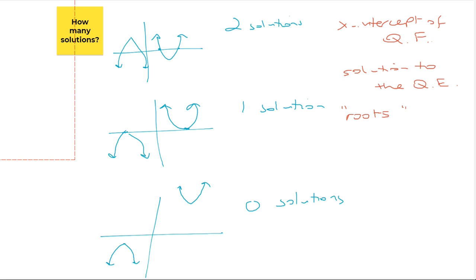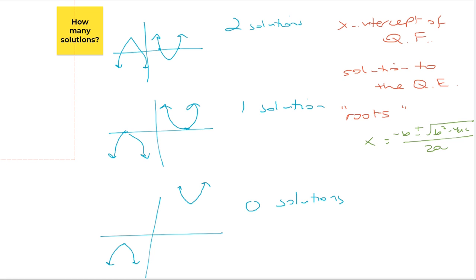So how do you know how many it will have? The cue to know how many it will have comes from the quadratic formula. So in the quadratic formula, I'm just going to write it out for the third time. Hopefully by now you have memorized it, and if not, you need to memorize it. If I give you a function or an equation where this stuff under the square root sign is negative, then when you go to apply the quadratic formula, you will have the square root of a negative number, which is not real.